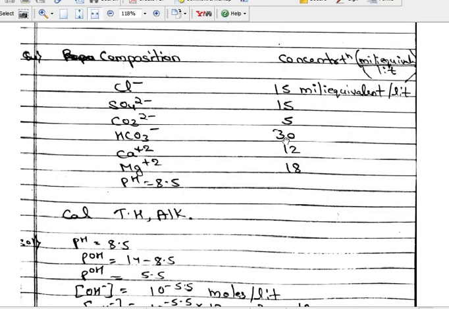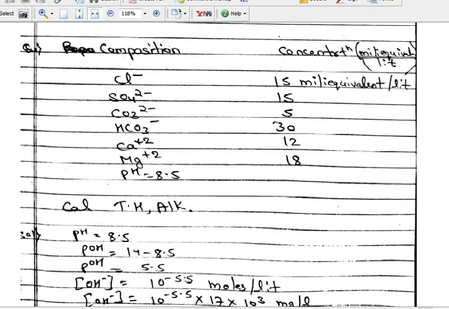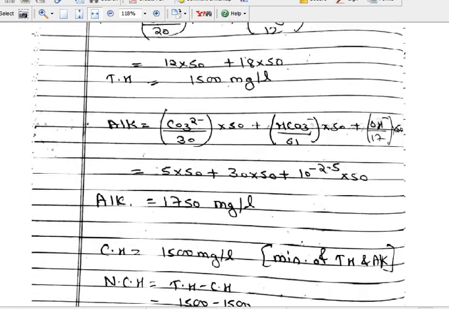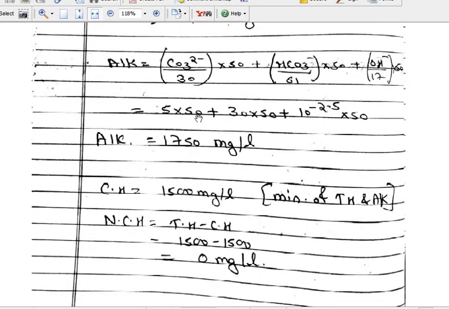Hopefully it is clear to you. So here it is 5 into 50 plus 30 into 50 plus 10 to the power minus 2.5 into 50. So alkalinity becomes 1750.